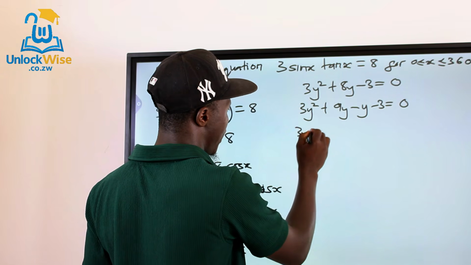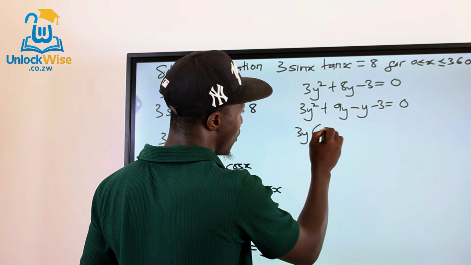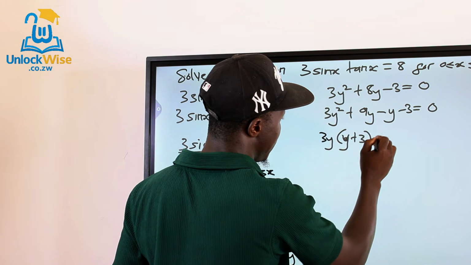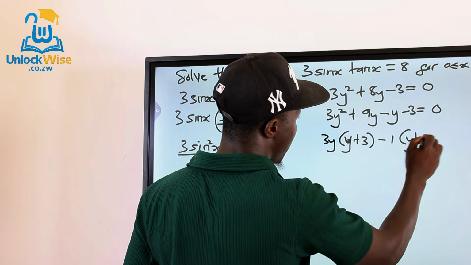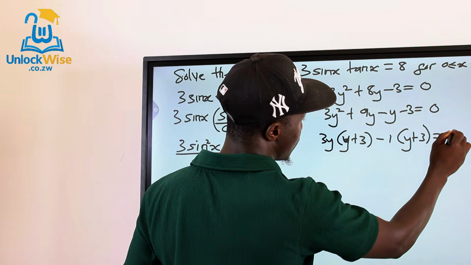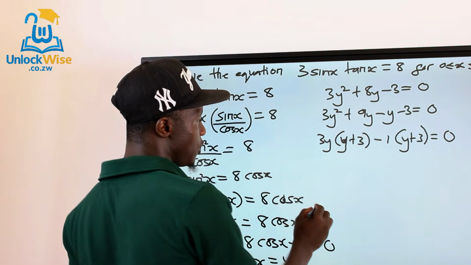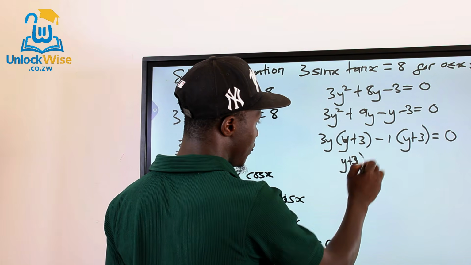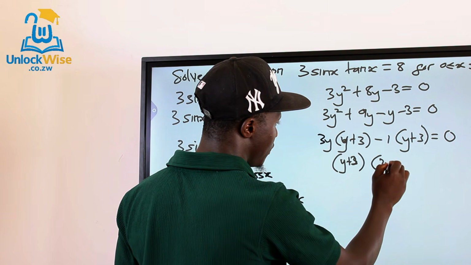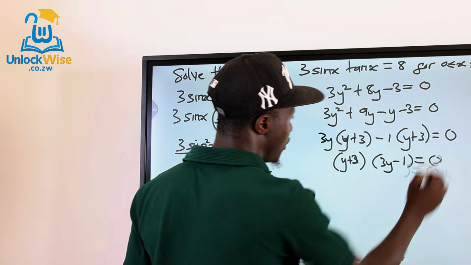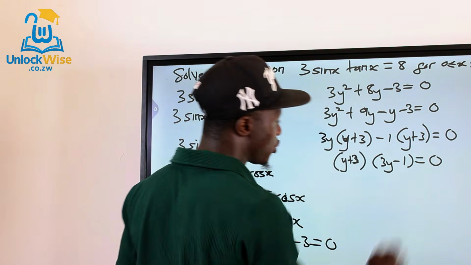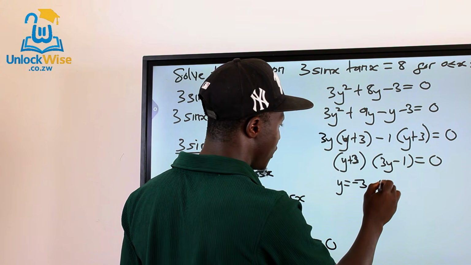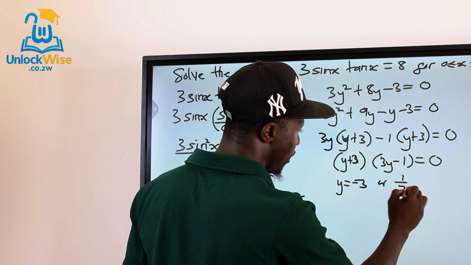So that's 3y, y plus 3 minus 1, y plus 3 is equal to 0. So that's y plus 3, 3y minus 1 is equal to 0. So now let's solve for the values of y. So our y is equal to minus 3 or 1 over 3.